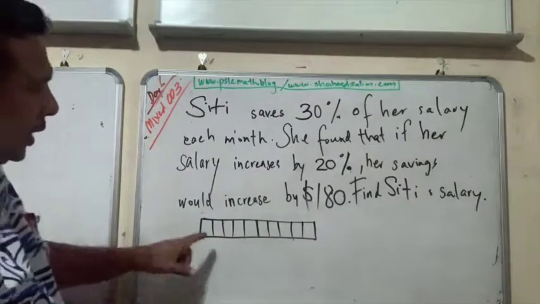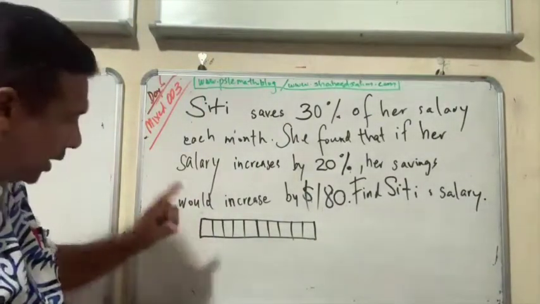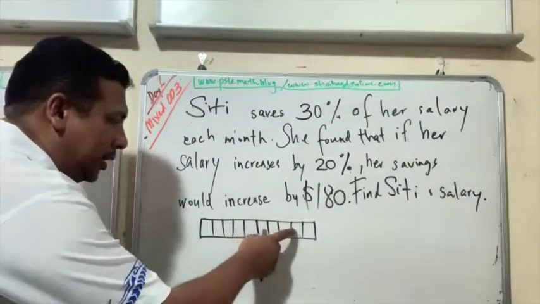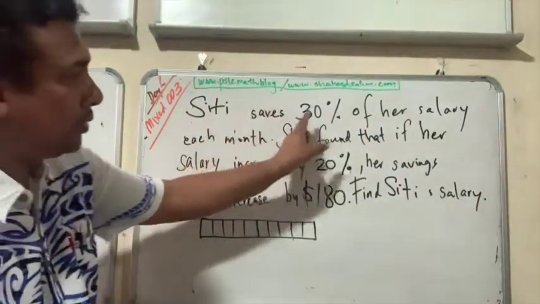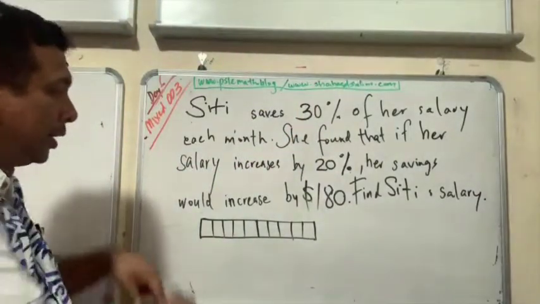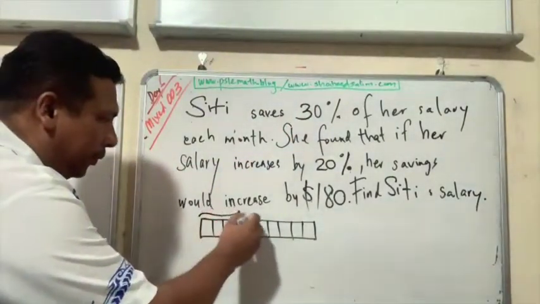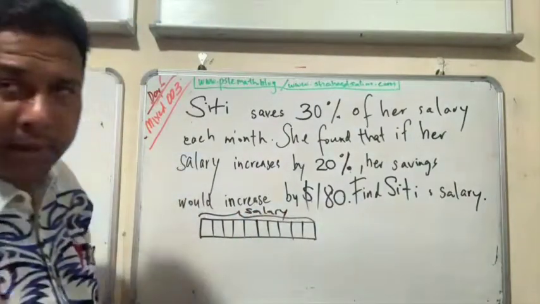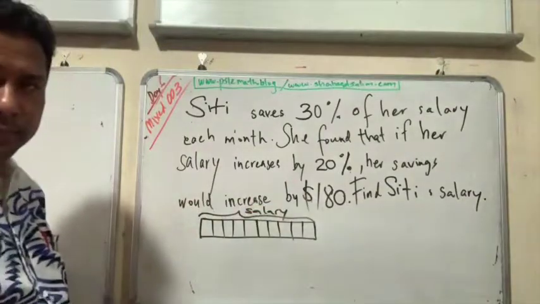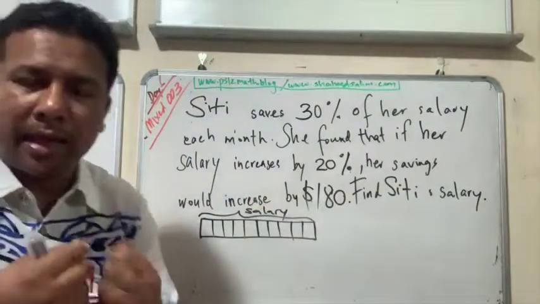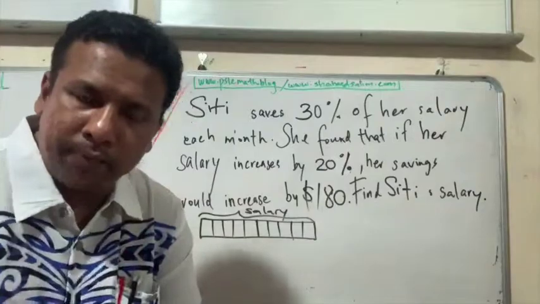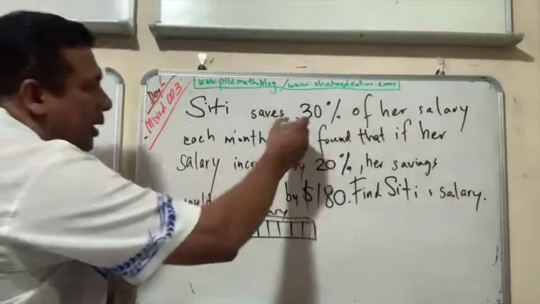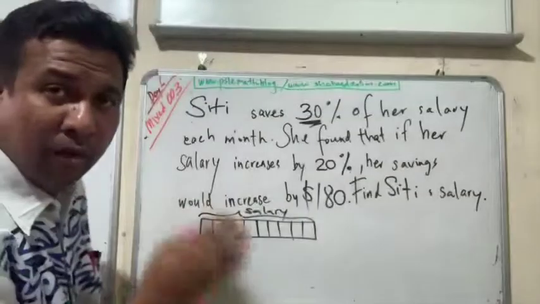So if each is 10%, let's count first: that is 100%, 10, 20, 30, 40, 50, 60, 70, 80, 90, 100. Now, Siti saves 30% of her salary. Remember, the whole thing is her salary, 100% of it. Her salary is used in 2 ways: it's either spent or saved. They tell us that 30% of her salary is saved.